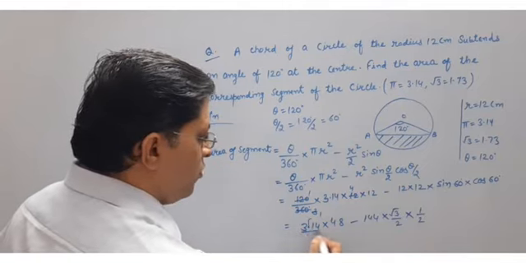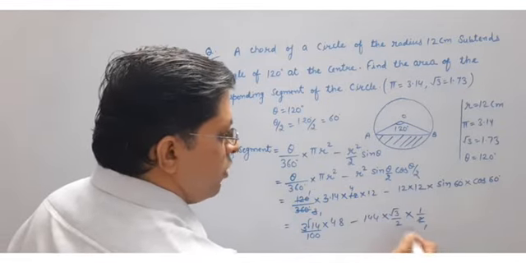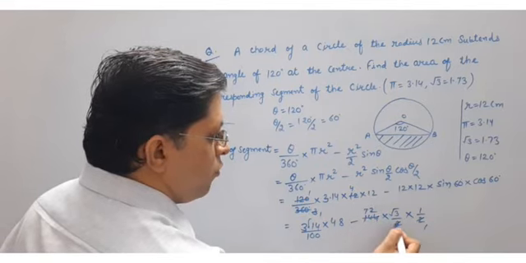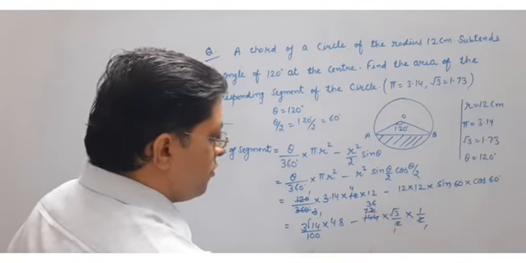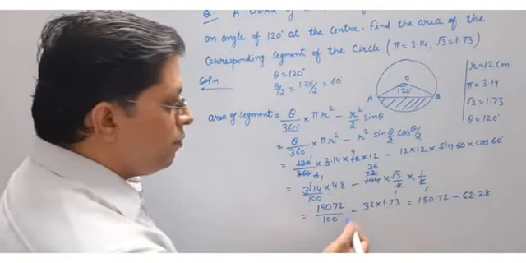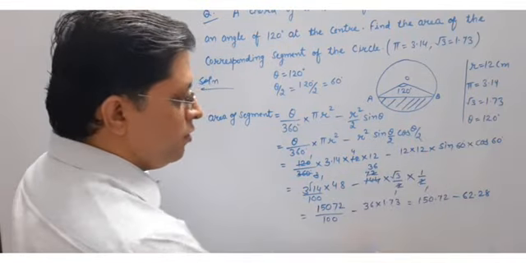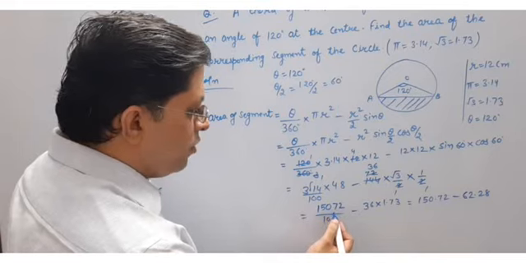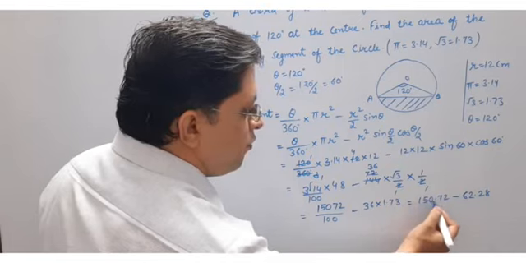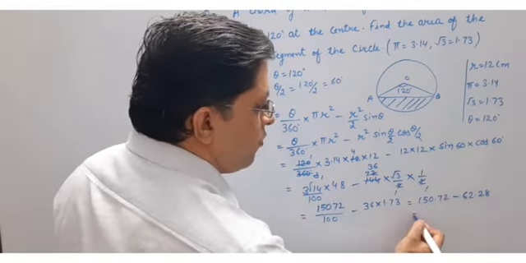So you remove this sign, this is 100 will come, and then 2 ones are 2, 2 sevens are 14, 2 twos are 4, 2 ones are 2, this is 36, 15072. Okay, this is divided by 100, minus 36 root 3. The value of root 3 is given to you, 1.73. So 15072 divided by 100, you can write 150.72, and this after multiplication you will get 62.28.